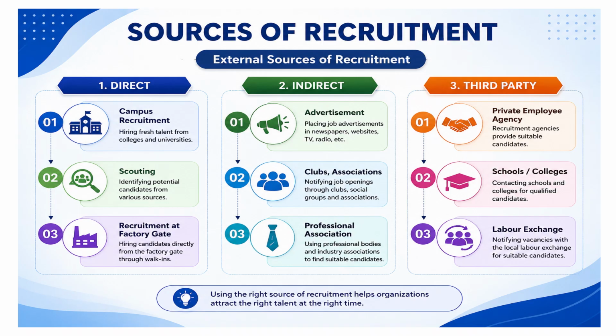These channels are advertisements, clubs and associations, or professional associations. Now advertising is one of the most common methods of recruitment. Organizations publish job vacancies through newspapers, company websites, job portals, television, radio, and social media. The purpose is to reach a large number of job seekers.